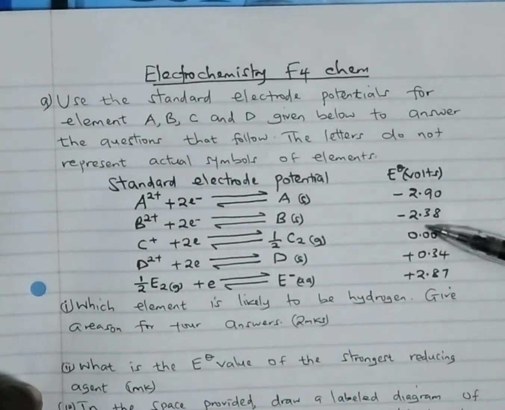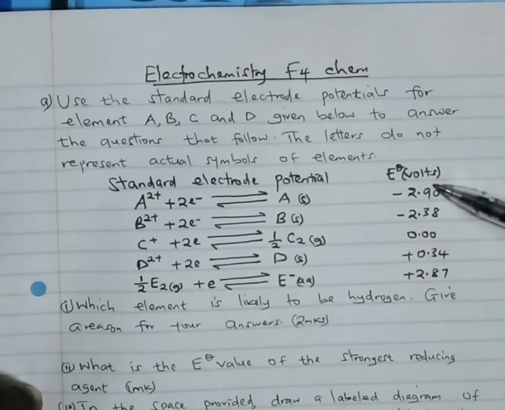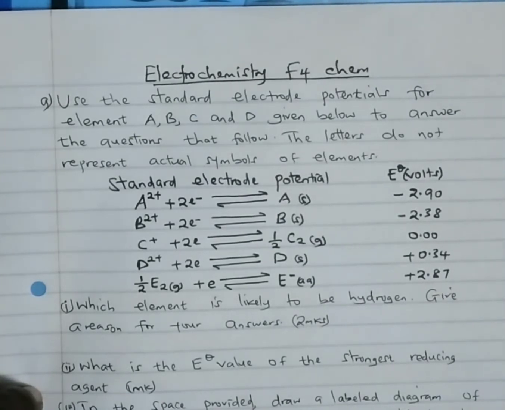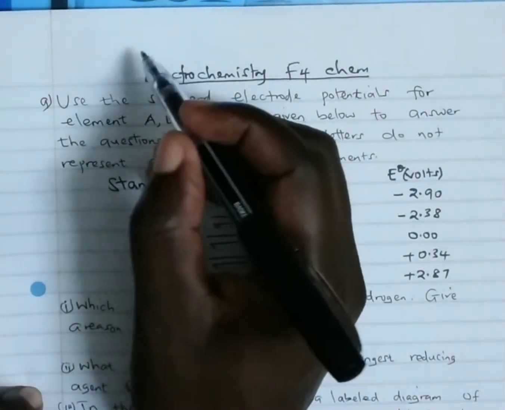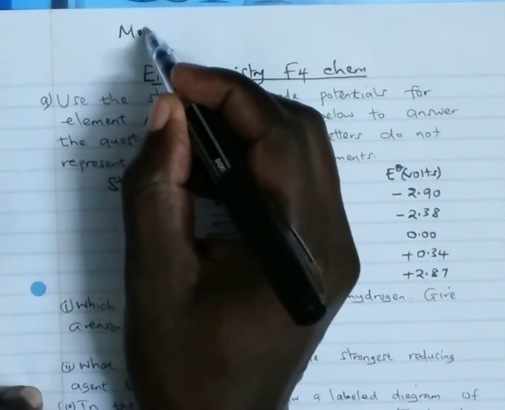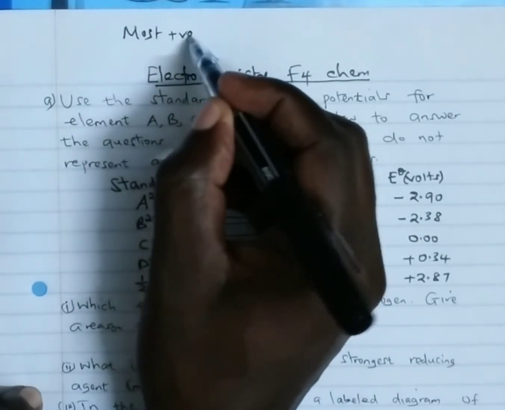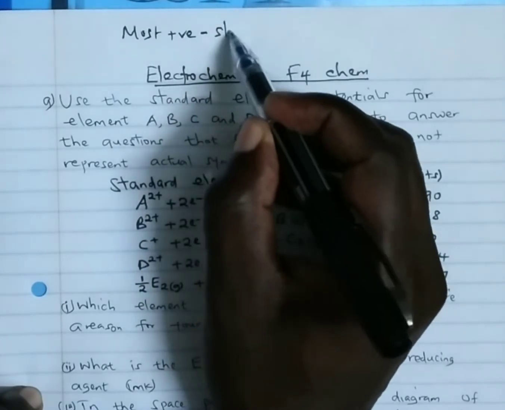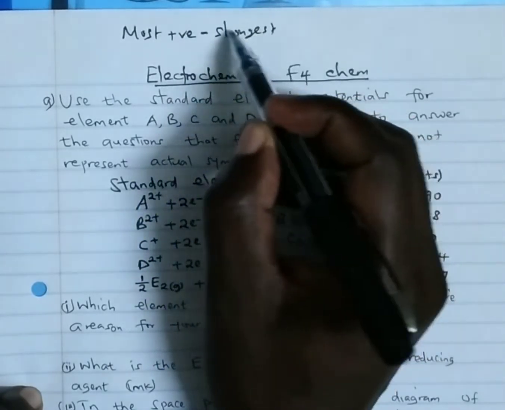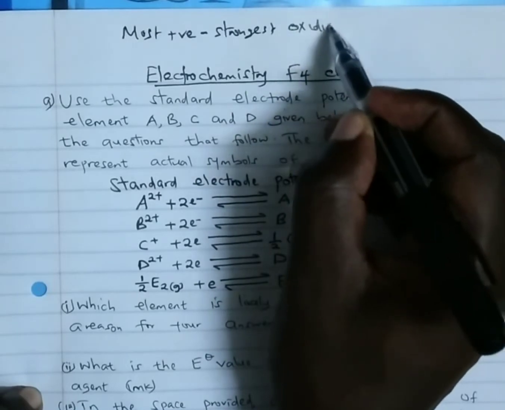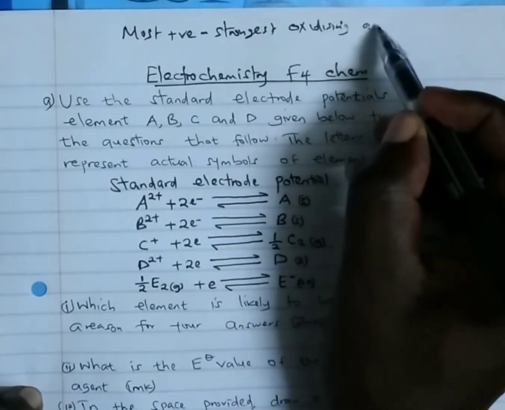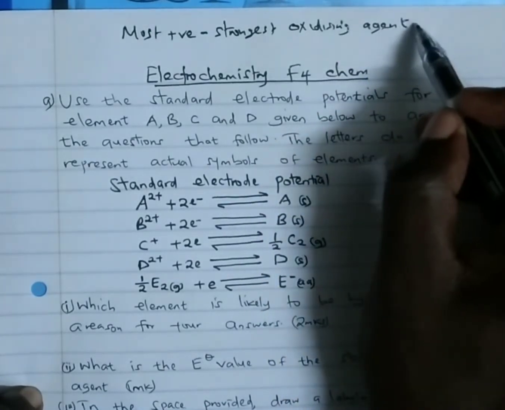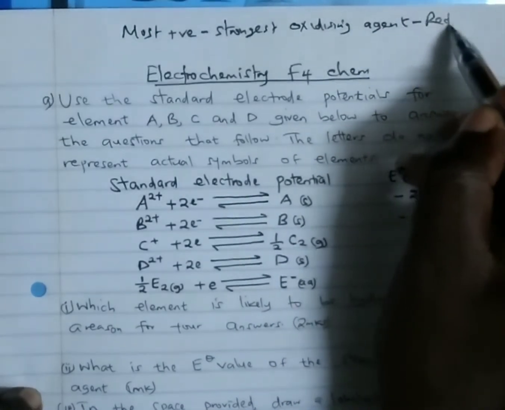From there we have negative electrode potentials and positive electrode potentials. We said the guideline is that the most positive is the strongest oxidizing agent, and the strongest oxidizing agent will undergo reduction.